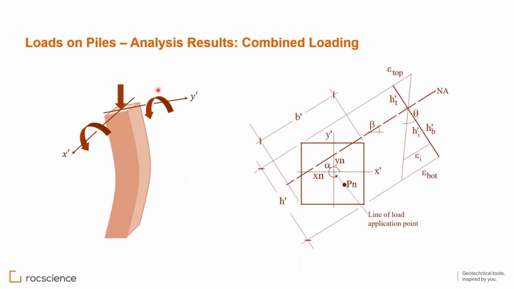So you can see here the moment around y, the moment around x. Just put your thumb in the direction of x prime or y prime. You can estimate what's the moment that you're getting from the analysis.